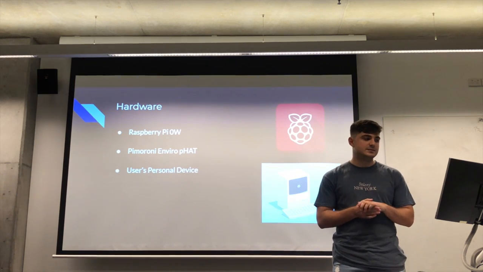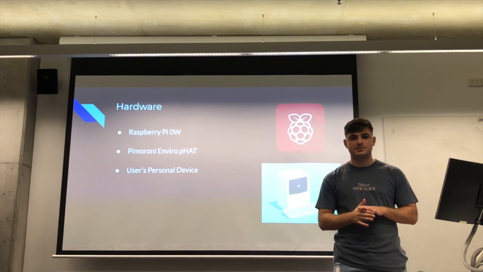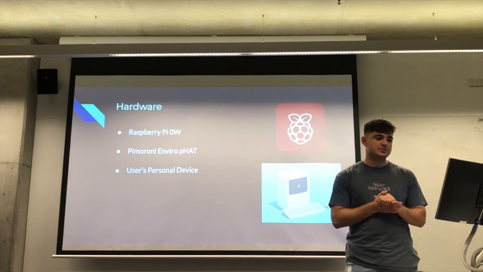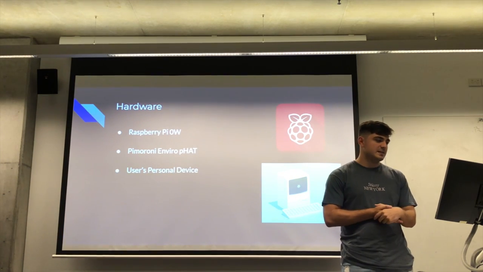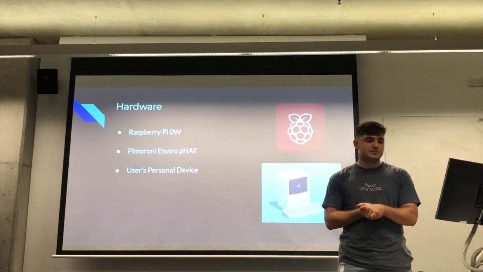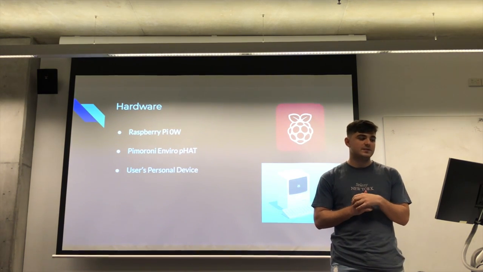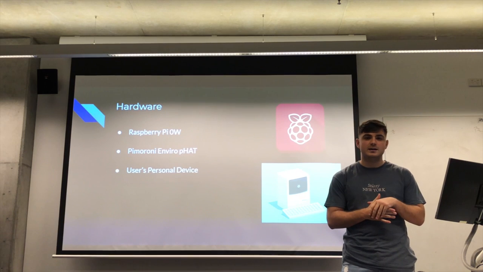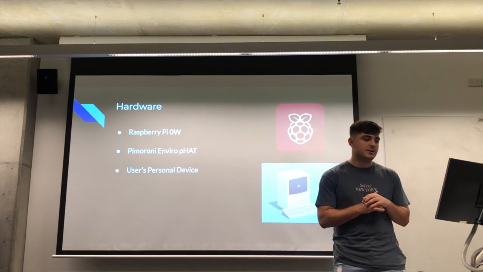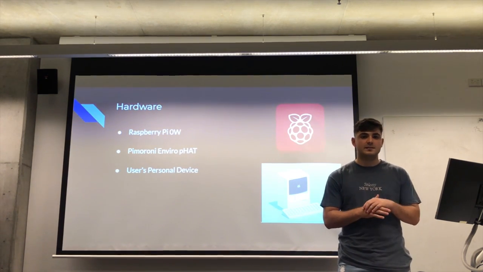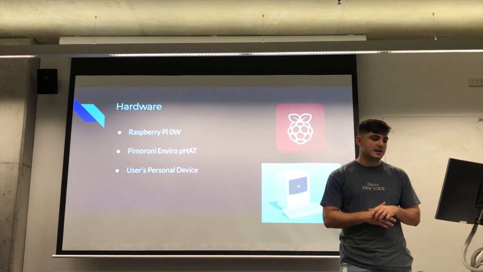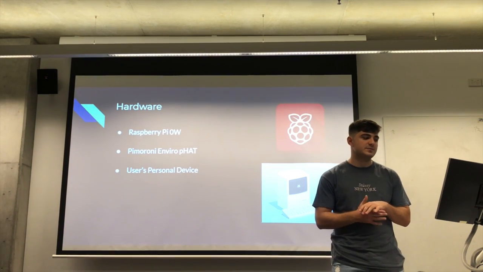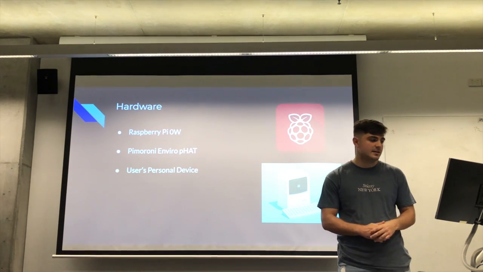There are 4 sensors on this device, but for the purpose of this project, we will be just using the temperature sensor. Our third consideration is the user's personal device, which is another piece of hardware that will be used by the user to view the data gathered once notified.